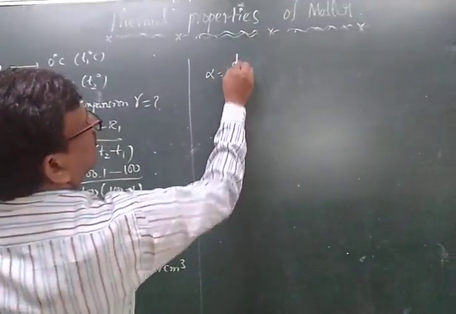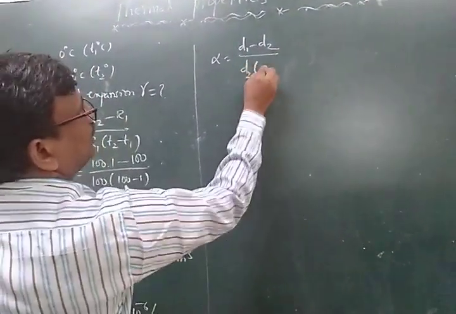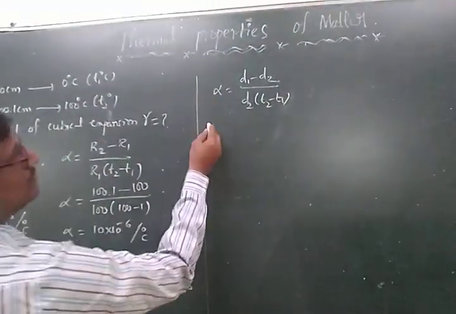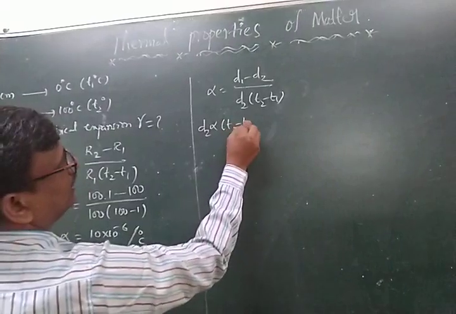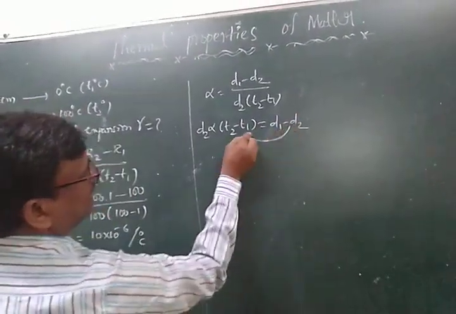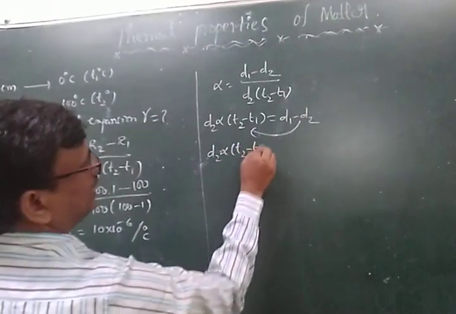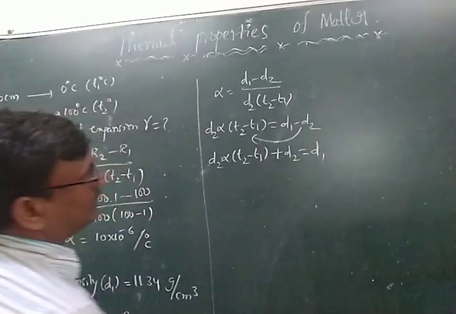Alpha is equal to (D1 minus D2) by (D2 into (T2 minus T1)). Take the cross multiplication: D2 alpha into (T2 minus T1) is equal to D1 minus D2. This minus D2 is taken this side: D2 alpha into (T2 minus T1) plus D2 is equal to D1.